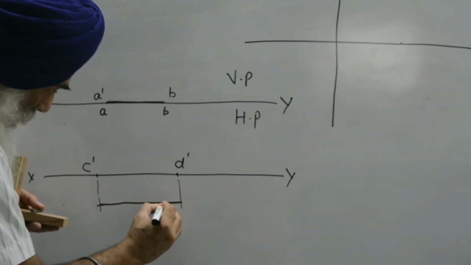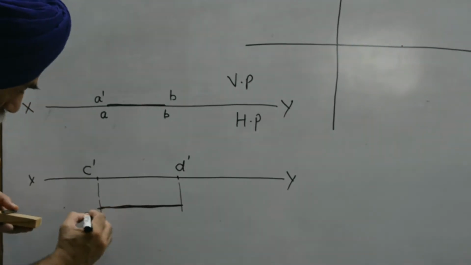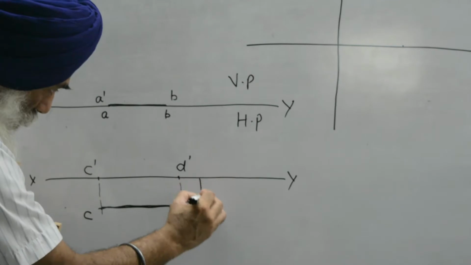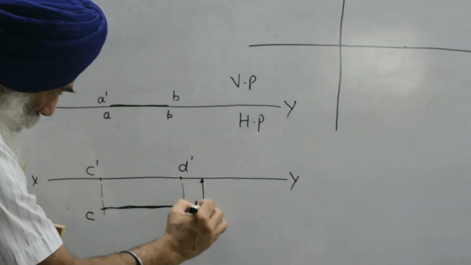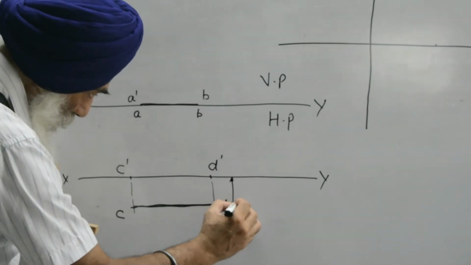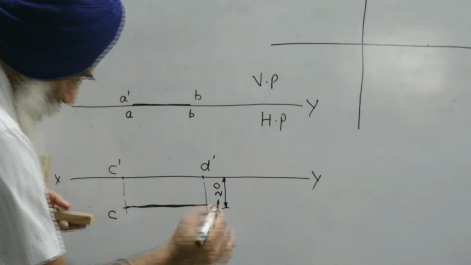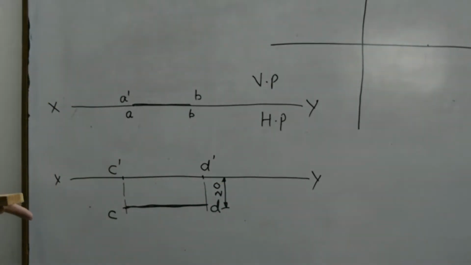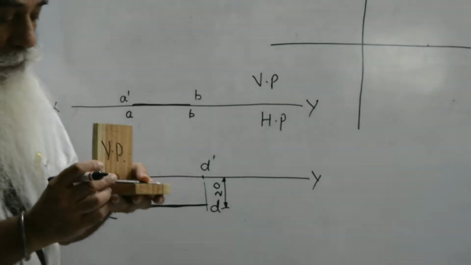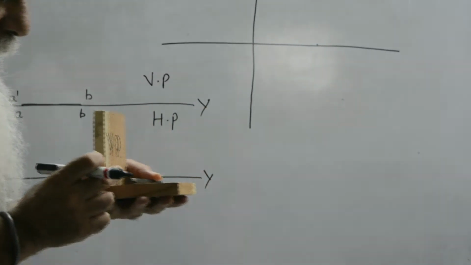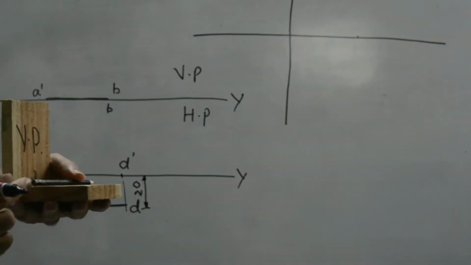These are the projections of the line from the top, denoted by CD, and this distance is 20 millimeters. This is the second case, when the line is parallel to the horizontal plane, lying on the horizontal plane, 20 millimeters in front of the vertical plane.